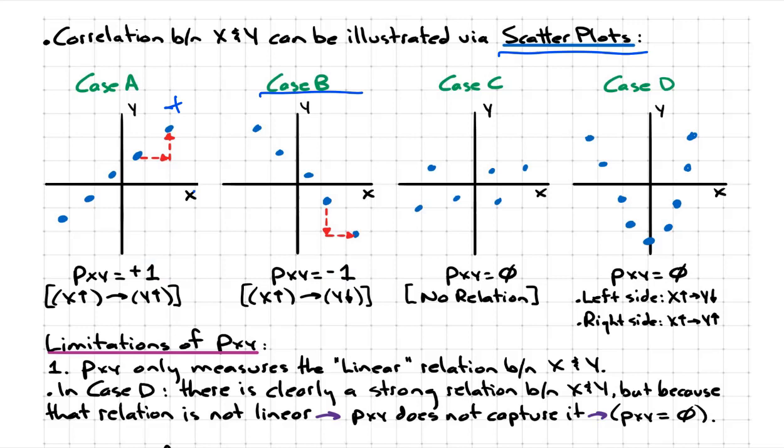Now in the case of case C, you can see that there's no relation between X and Y. So for example, let's go from here to there. You can see as X goes up here, Y goes up here. But then in the second scenario, going from here to there, as X goes up, Y comes down.